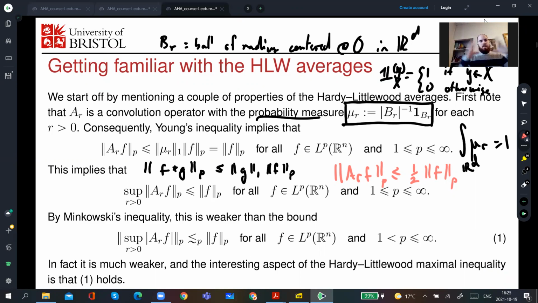If I take a box that is far bigger than my average, looking at this little ball around that box, it's not going to change the function. So take f to be the indicator function of a gigantic box.